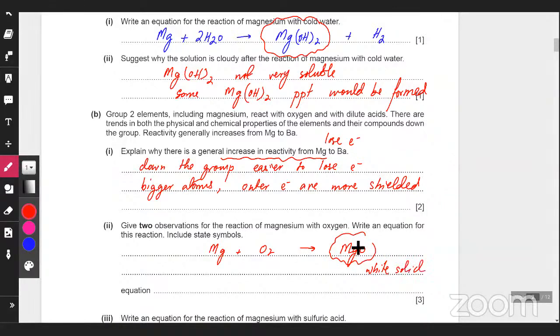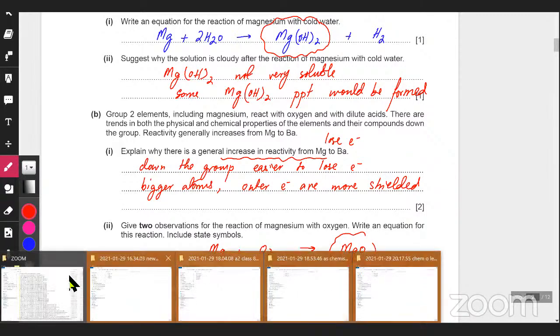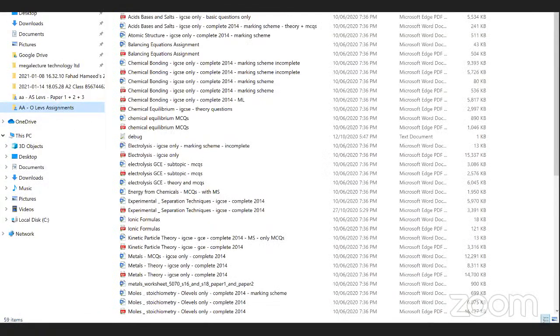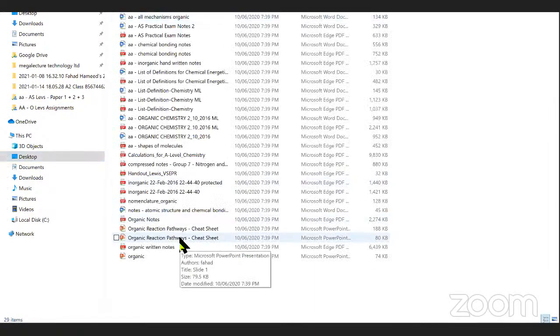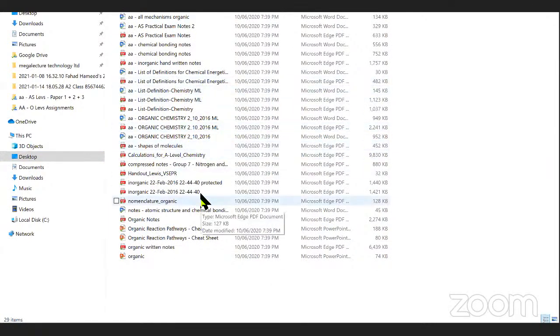And let me actually take out my notes as well, just to show you the group 2 notes. Just give me 1 second. Okay, I'm going to send this on WhatsApp, and I'm going to share these notes with you. Probably these ones.